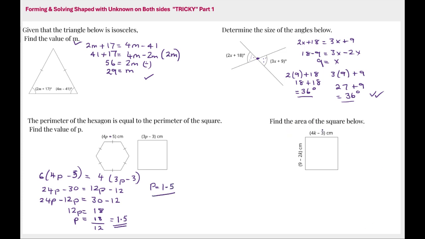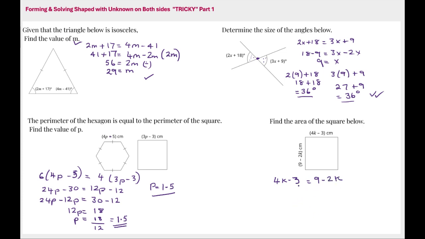And the final one is find the area of the square below. So we're going to find the area of that square. And to do that, we're going to do 4k minus 3 equals 9 minus 2k. Do the same.